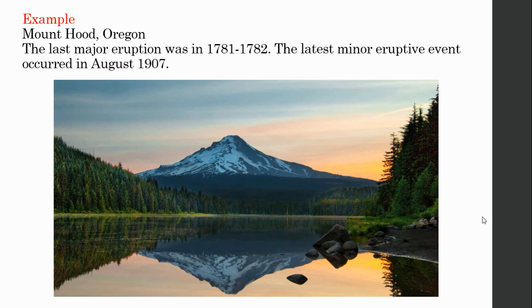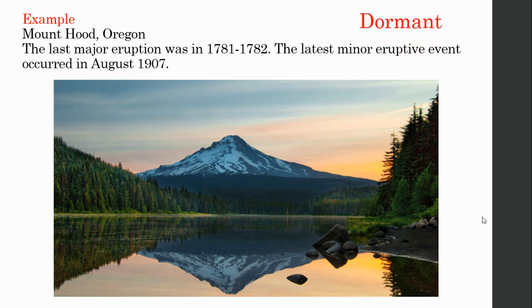Here we have Mount Hood in Oregon, which is in America. Oregon's one of the 50 states. The last major eruption was in 1781 to 1782. And the latest minor eruptive event occurred in August 1907. So have a think. Do you think it's active, dormant, or extinct?